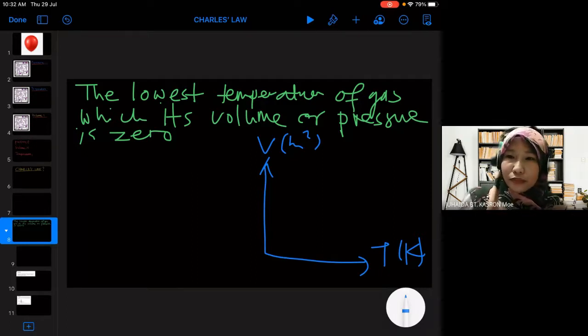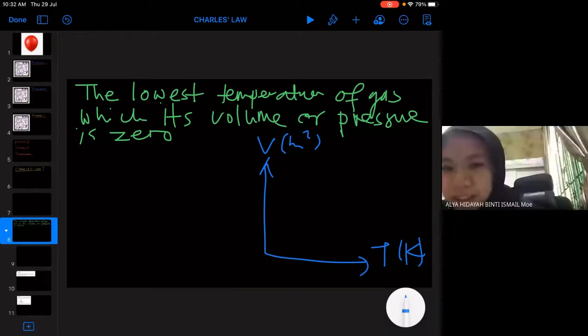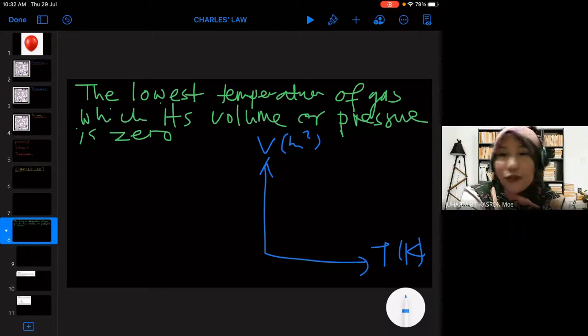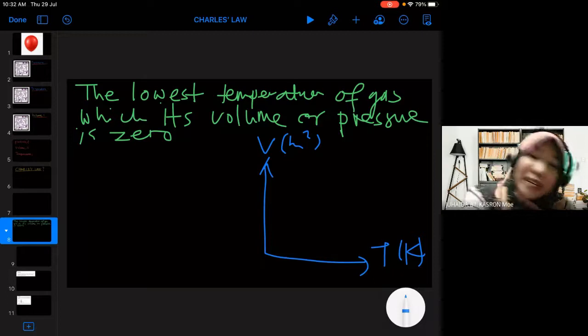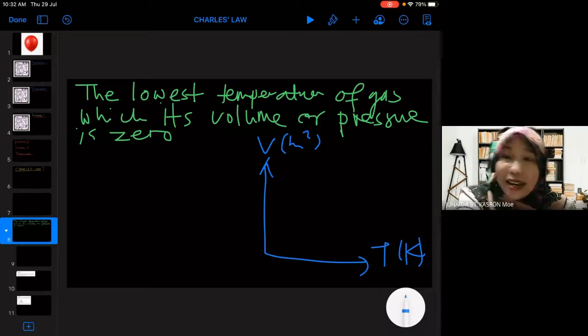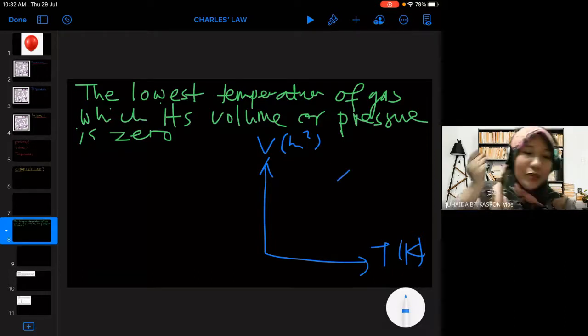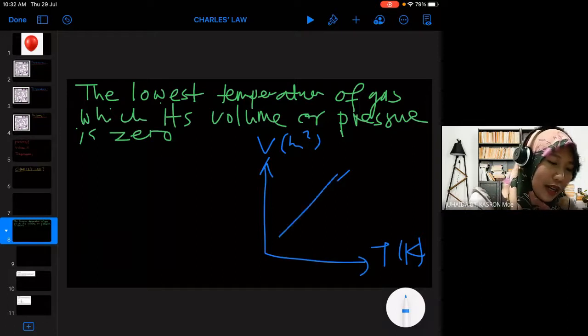Alia? What happened to the graph when it is directly proportional? What is the shape of the graph? Directly proportional, Alia? Straight line. Yes, a straight line that begins from zero.